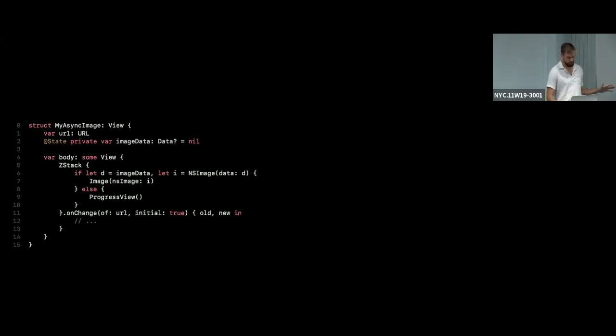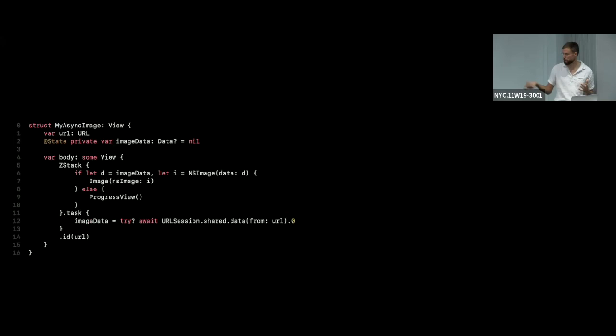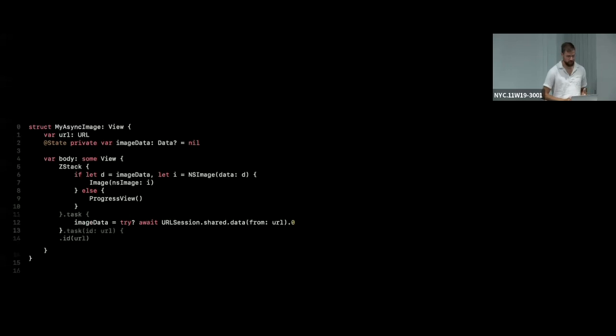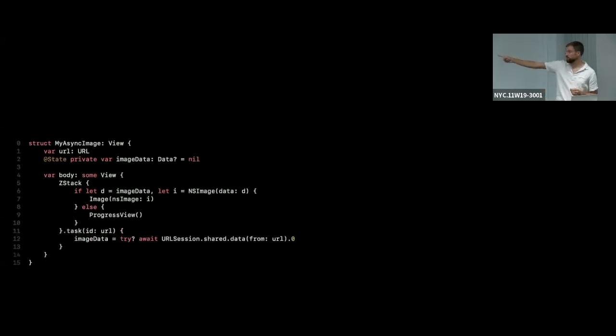Okay, that's all fine and good, but we had our task, which worked really well with async, and we still had to use that ID, and onChange doesn't give us the async capabilities. Well, when task was added, Apple also recognized that this was a problem, and so they have created a separate task modifier that takes an identity.